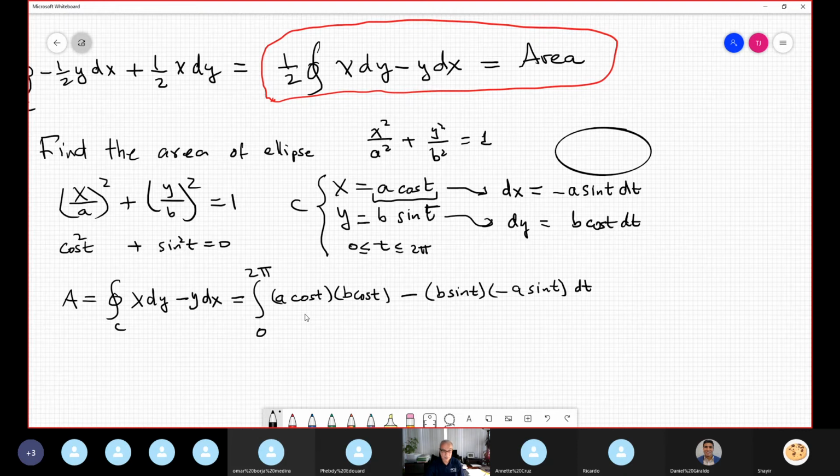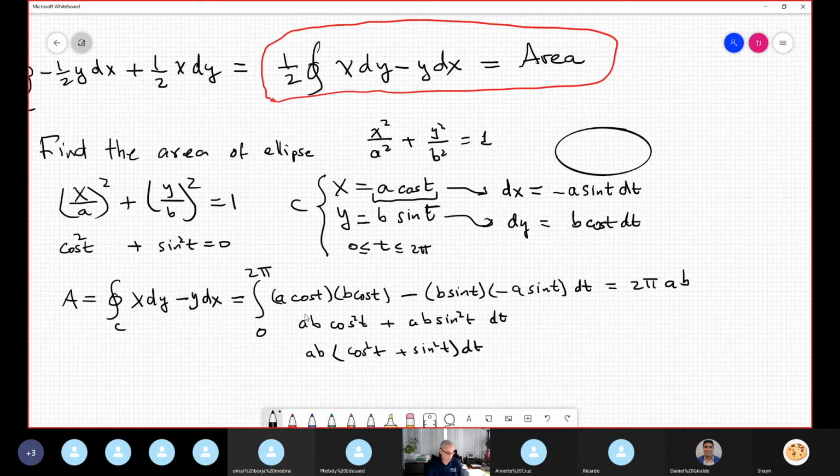Well, all will happen: this is ab cosine squared t, plus, because we have a double minus, ab sine squared t dt. Take the common factor ab out, and we have cosine squared t plus sine squared t is 1. ab is a constant, you know. The integral of the constant is abt, evaluated between 0 and 2 pi. The answer is 2 pi ab.